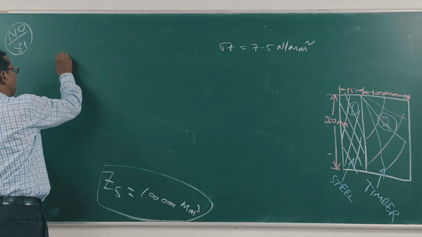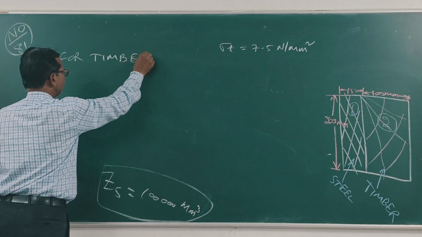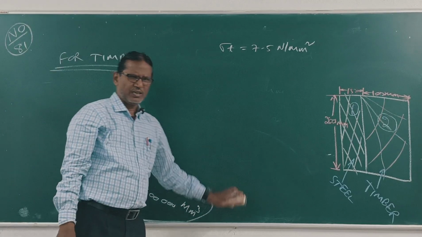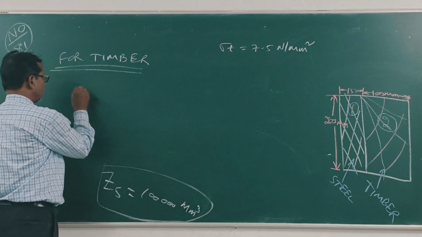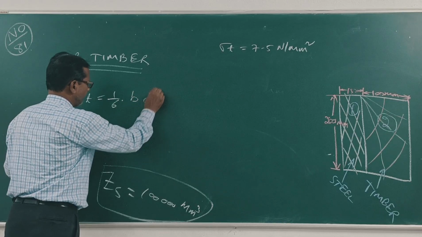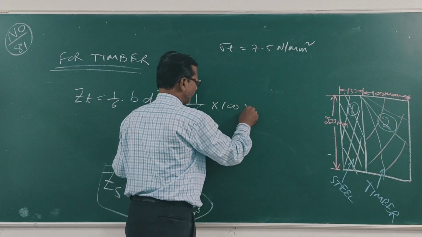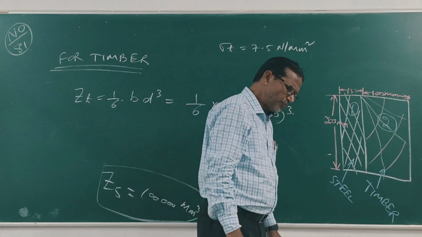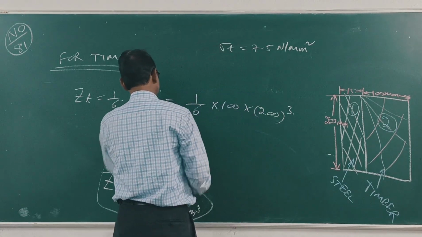This is calculated for steel. Now, for timber, what is ZT? ZT is 1 by 6 b d square, so 1 by 6 into 100 into 200 square. Clear? b d square.